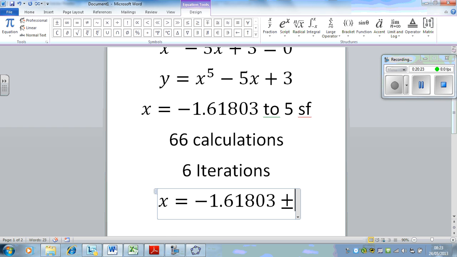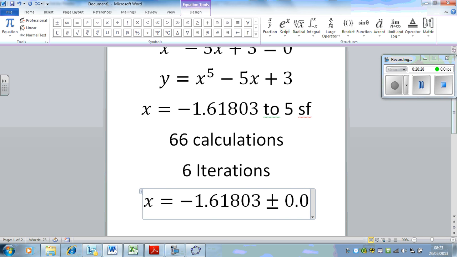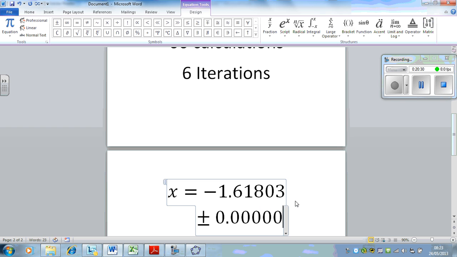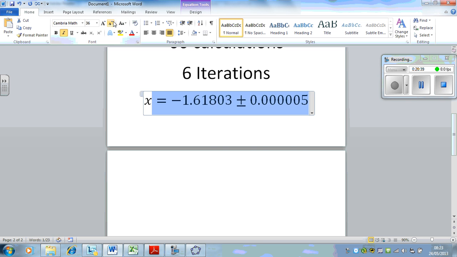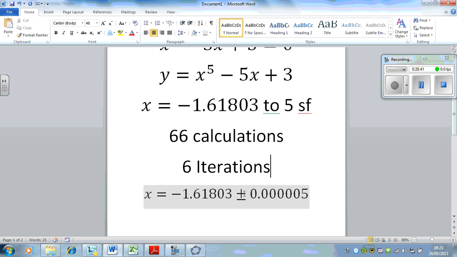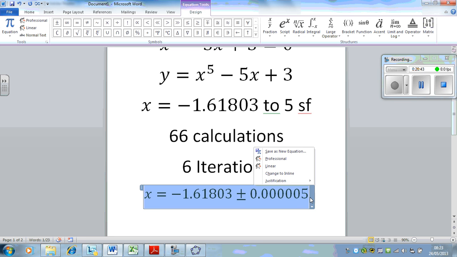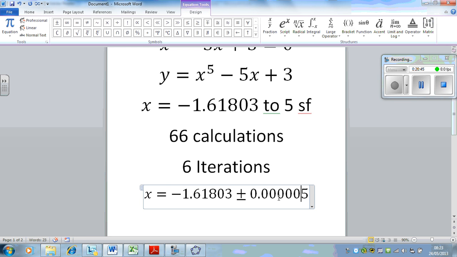Now that we've got 5 decimal places there, I'm going to go 0.12345 plus or minus, and then put a 5 there. It could go either way. This is what we mean by error bounds, putting a plus or minus 0.000005.